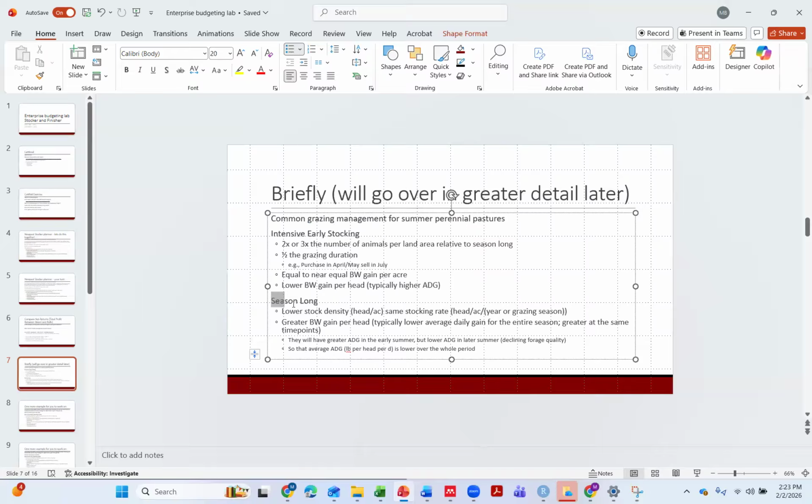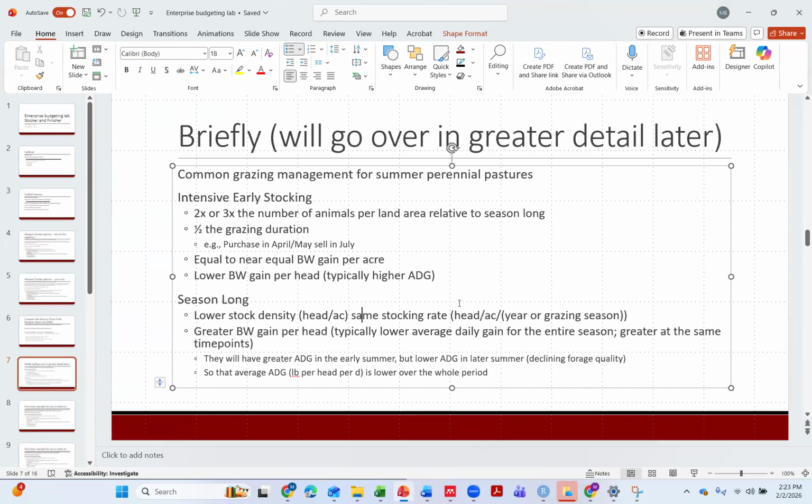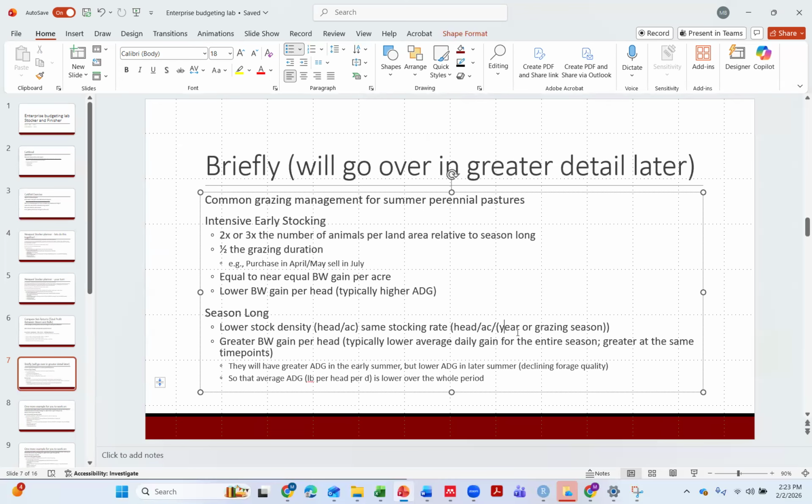Compare that to season long. You're going to have a lower stocking density, so number of animals per acre. You're going to have the same stocking rate, and by stocking rate, that is number of animals per acre over a given period of time. In this case, we're going to say a year. You're going to have greater body weight gain per head under the season long scenario.